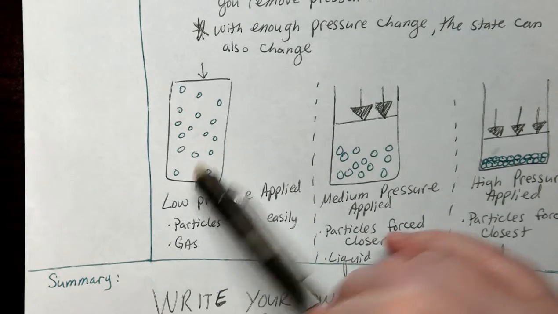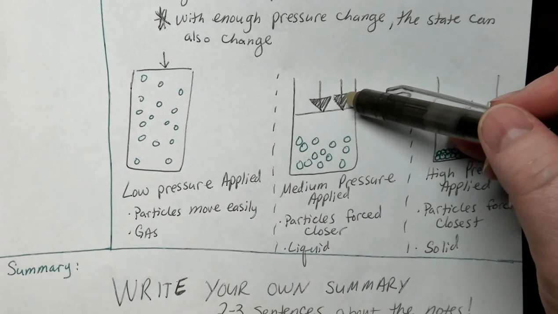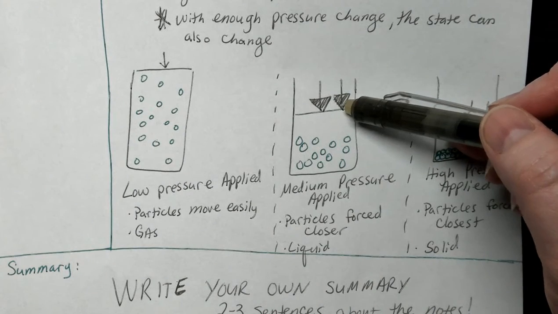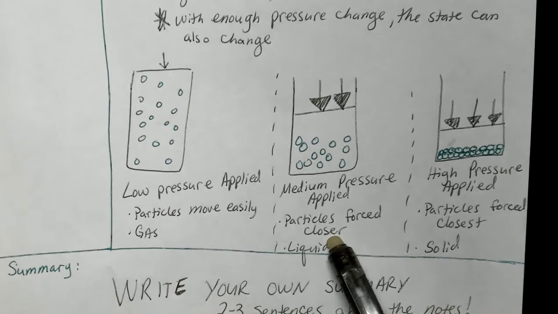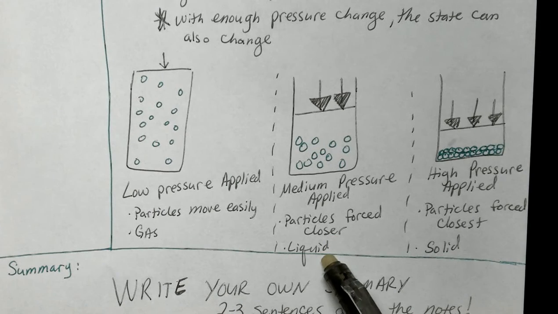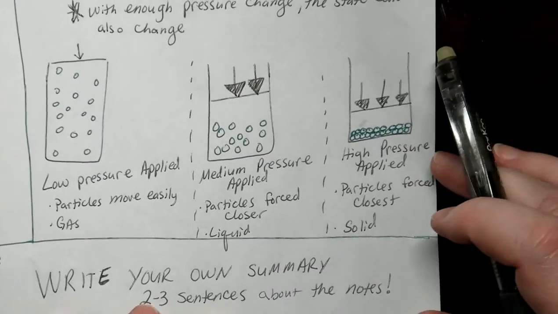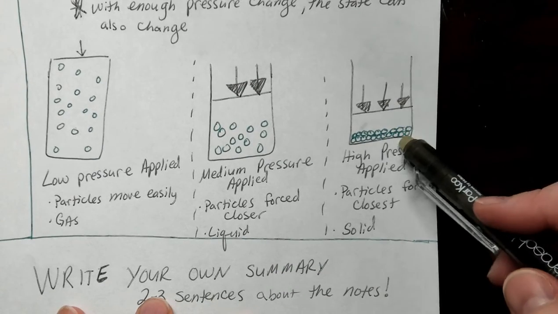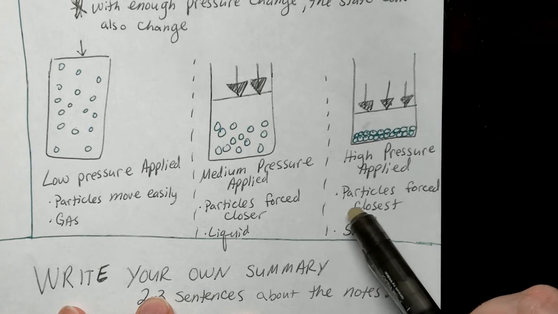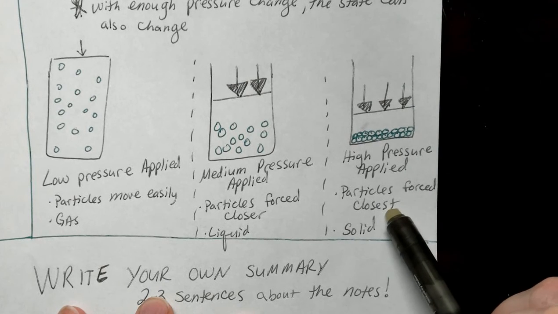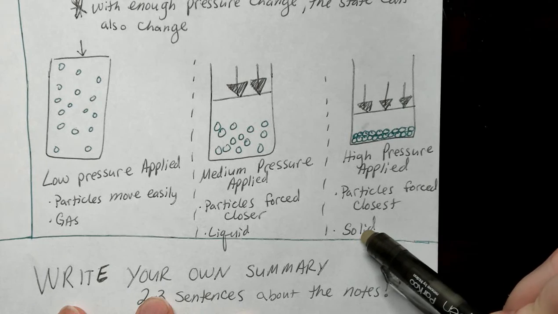If I add a medium amount of pressure, the particles are forced closer together, and it turns into a liquid. At a higher pressure, if I squeeze even harder, the particles are forced the closest, and it will turn into a solid.